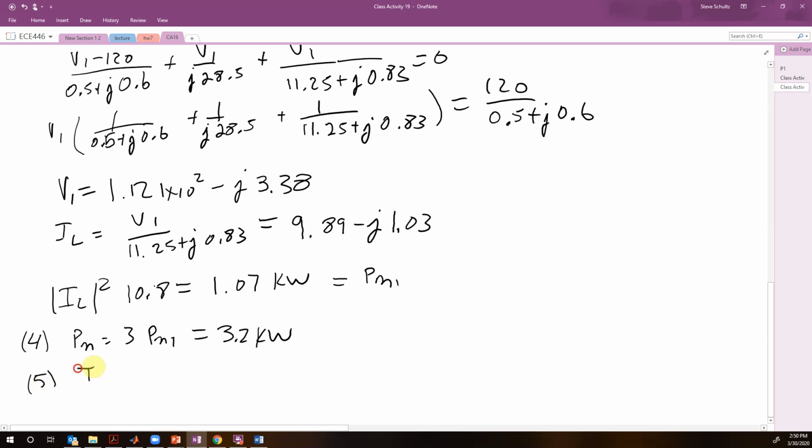So I'm going to go torque is equal to P mechanical divided by omega. Now for these units, omega needs to be in radians per second. So 3.2 times 10 to the third divided by 60 times 0.96 times 2, well, the synchronous omega times my 1 minus my slip, my 4% slip.